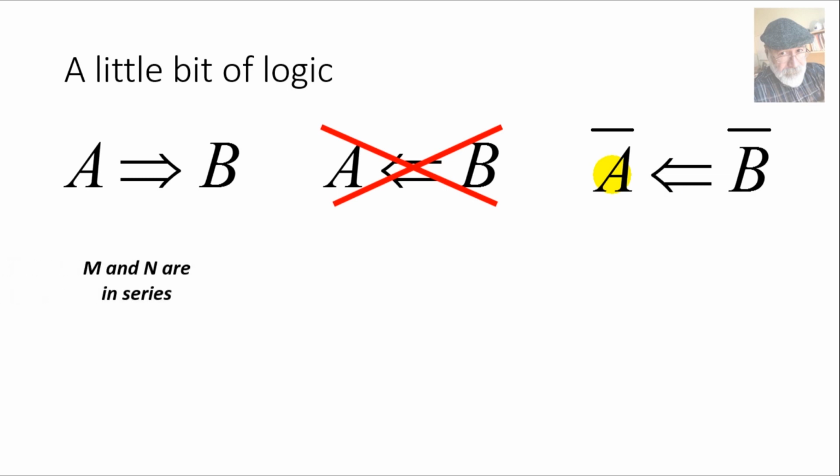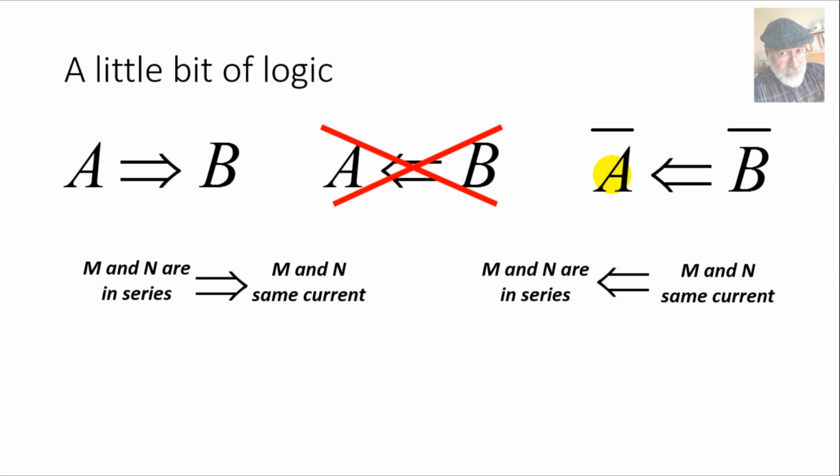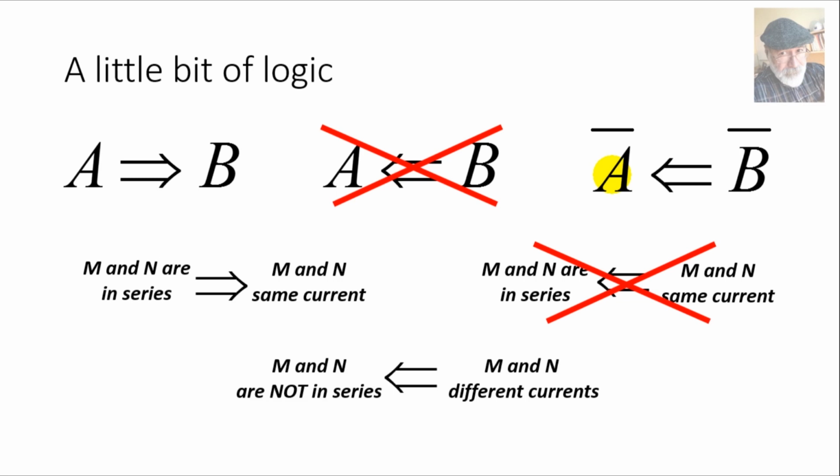Now, for circuits, M and N are in series, two elements, right? That implies that they have the very same current. Now, can we say that if two elements M and N have the same current, then they are in series? No, absolutely not. What is true is that if M and N have different currents, they cannot be in series.